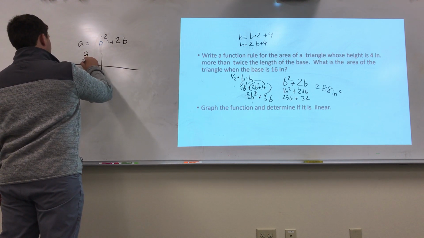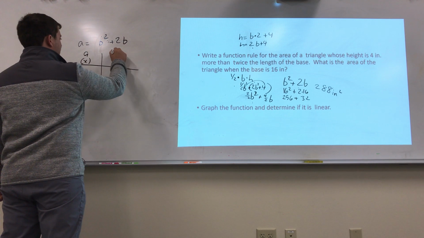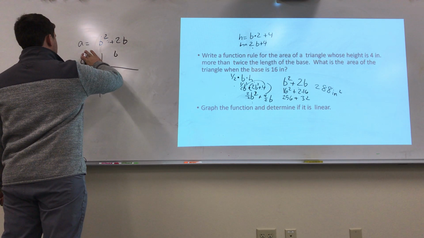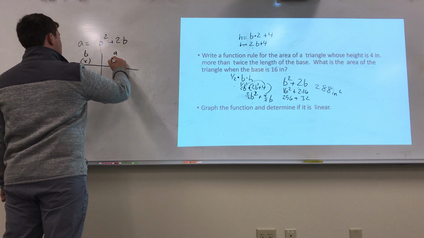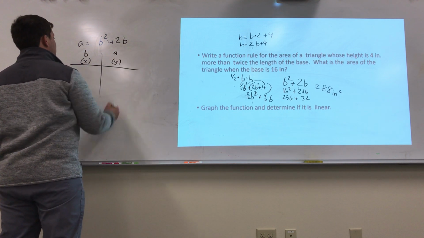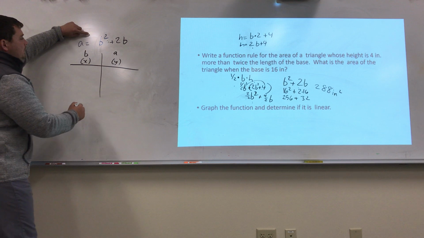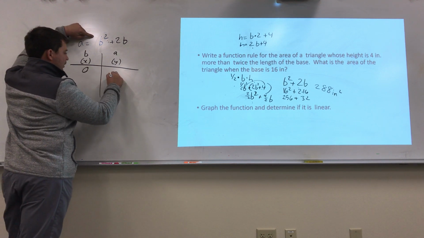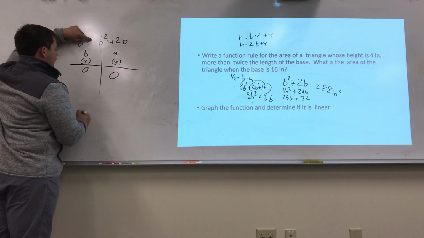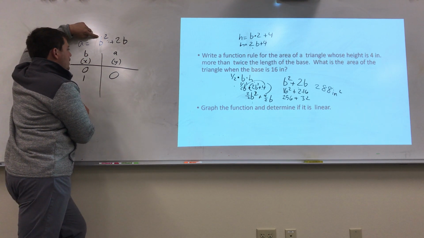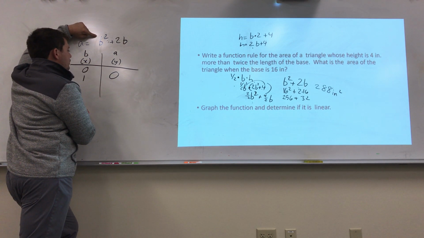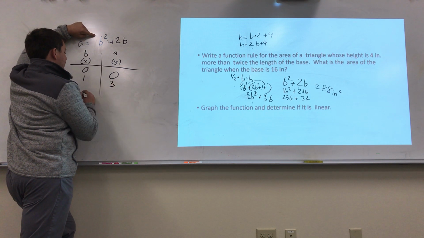My A's, which are X's, we're going to say, and my B's, which are, no, my B's I want here. B's are going to go here, A's are going to go here, and they're going to be my Y value. Okay, if I plug in 0 here, I'm going to get 0, right? I plug in 1 for my B value, I'm going to get 1 squared, which is 1, plus 2 times 1, which is 2, so this is going to be 3.